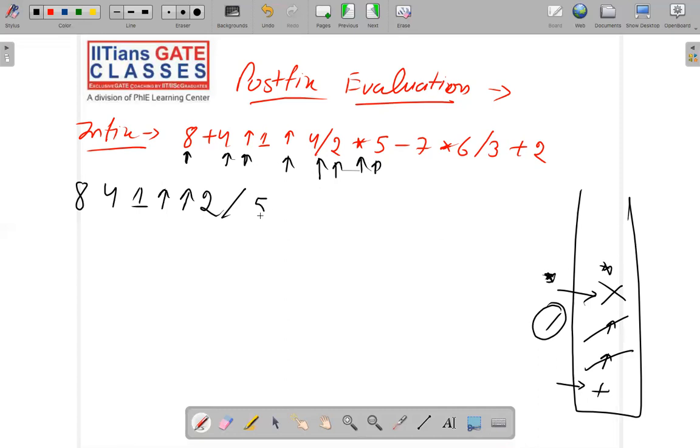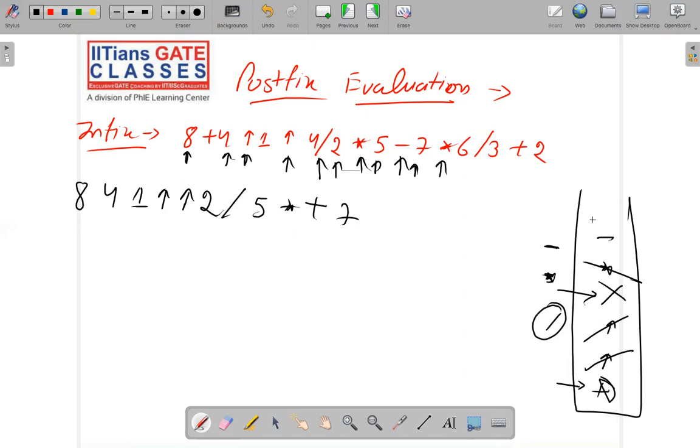Then we print 5. Then minus comes up. Now minus is low priority compared to star, so we pop, and we print star here, and minus is also left associative, so we pop plus also, and we pop minus because there is nothing in the stack now, and we print 7.